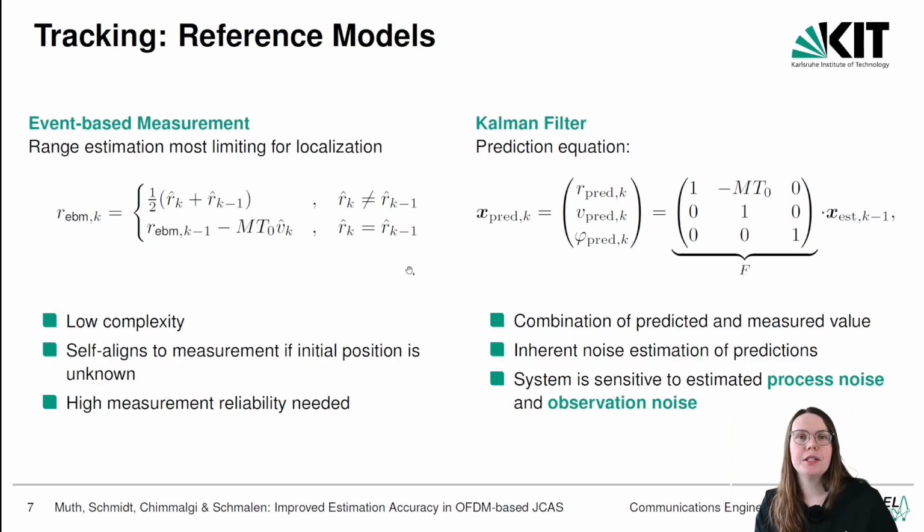And with the Kalman filter, we can nicely combine the predicted and measured value. We also get some inherent noise estimations of the predictions and of the estimate. But the system is also very sensitive to the estimated process noise and observation noise, so we need to design good values to have it work well on our system.